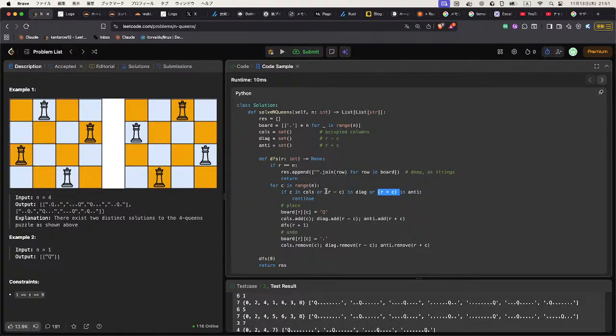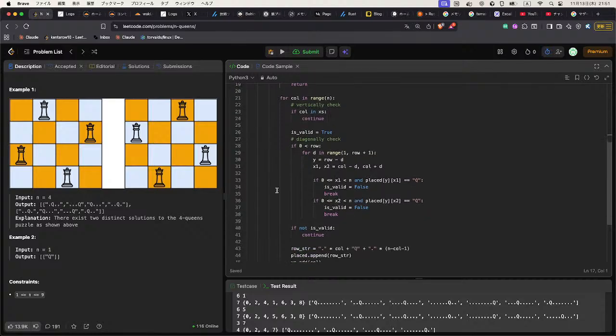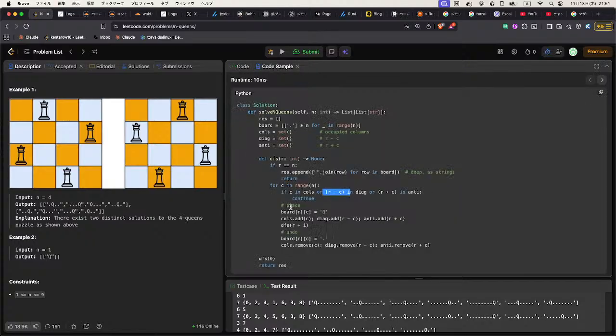What doesn't make sense? Row minus column. Zero, 1.